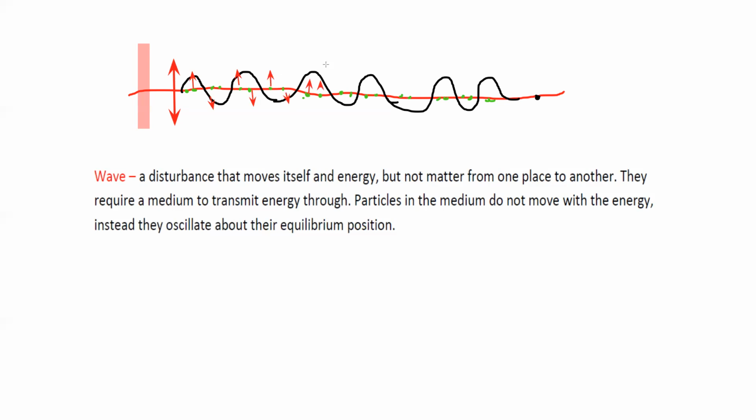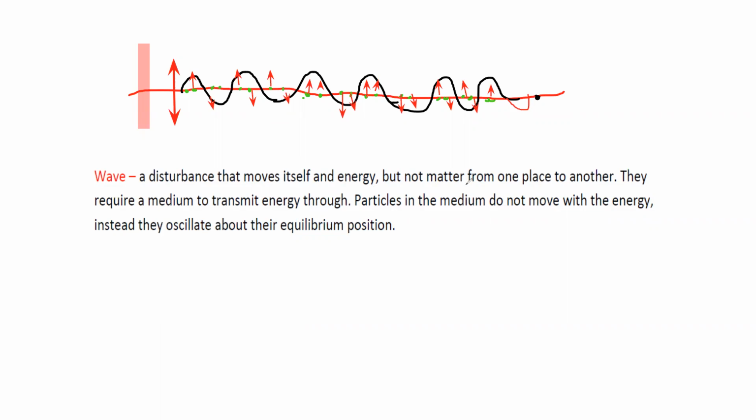But as these particles vibrate, they won't move from one place to another. They will remain at their specific position. They will only vibrate up and down or right and left. So particles do not travel from one place to another, but the energy actually travels from one place to another. The disturbance that moves is itself energy, but not the matter.